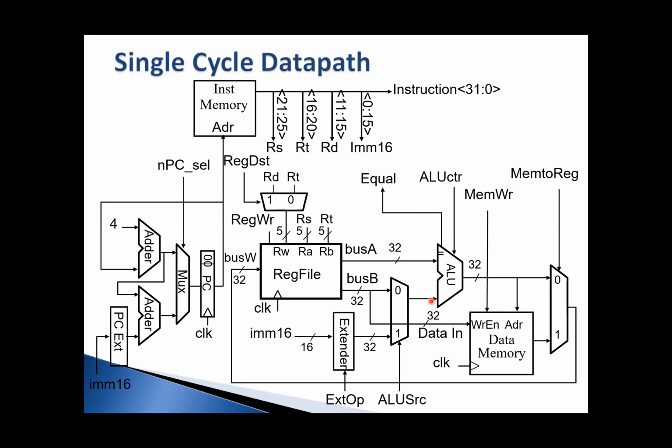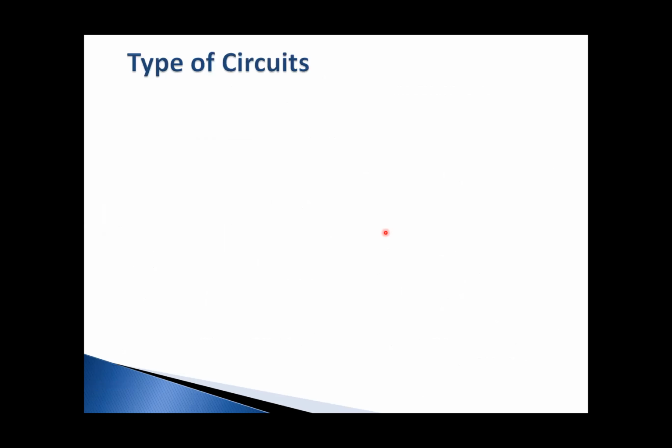Before we go into more about this data path, I would like to switch gears to talk about some concepts of digital logic, because this will give us a better idea of how to do the control. In the hardware CPU, there are 2 types of circuits.